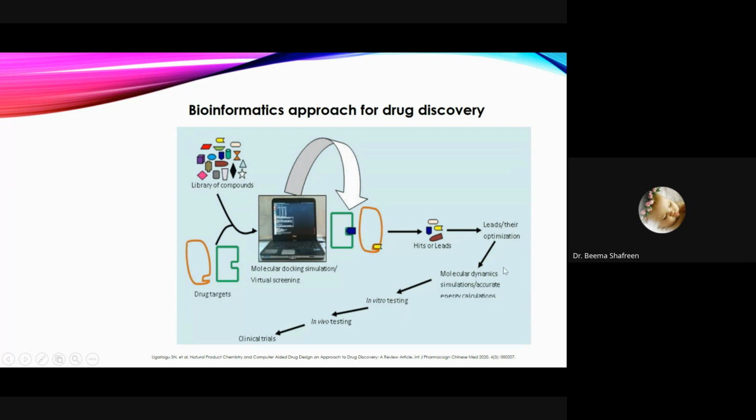After identifying the binding region or binding site, they undergo a simulation step, that is molecular dynamics simulation, where energy calculations are carried out, and finally the lead molecule will be taken for in vitro testing. Using various assays, it will be screened in our laboratory condition, and then taken for in vivo testing using animal models, whichever we prefer, and then we can go for clinical trials. This is one of the basic approaches using bioinformatics. We start with a library of compounds and end up with clinical trials.